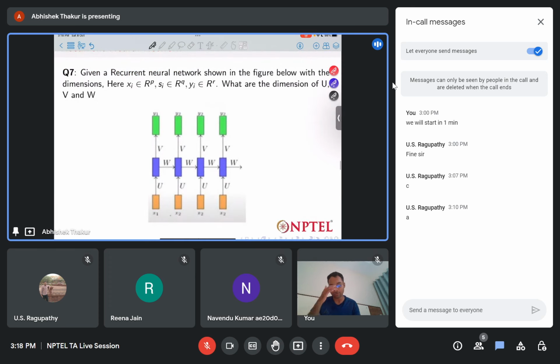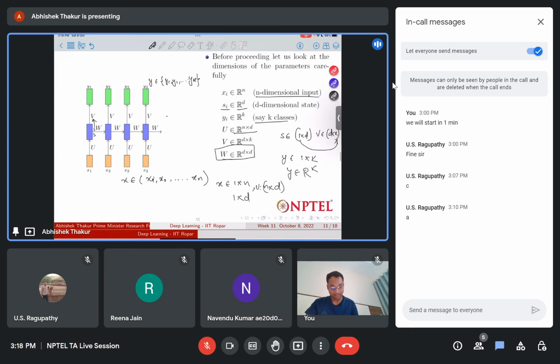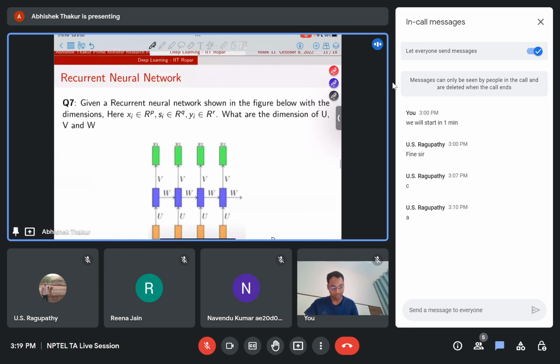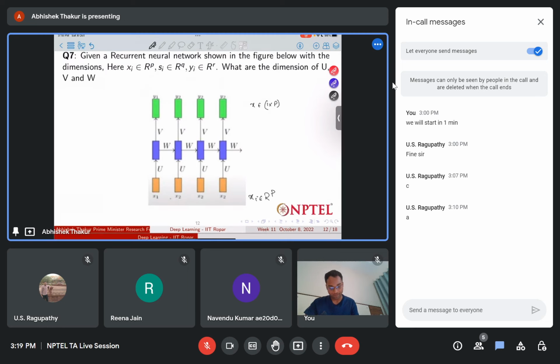Given a recurrent neural network shown in the figure below with the dimensions here, that is xi belongs to Rp. In the previous example it was Rn, but here it is Rp. So x is 1 cross p. We'll write one by one and we will see. s is 1 cross q and y is 1 cross r. So what are the dimensions of u, v and w?